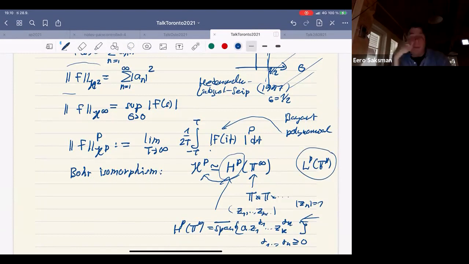So just like the usual analytic functions are spanned by z^k for positive k on the one-dimensional torus.